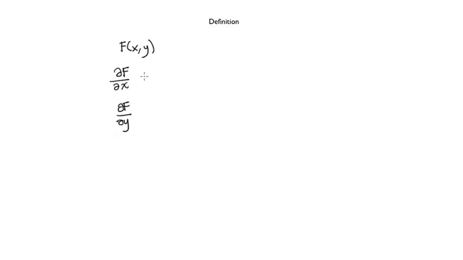The partial derivative of f with respect to x is basically the marginal change in f induced by a marginal change dx, importantly, while holding y constant.